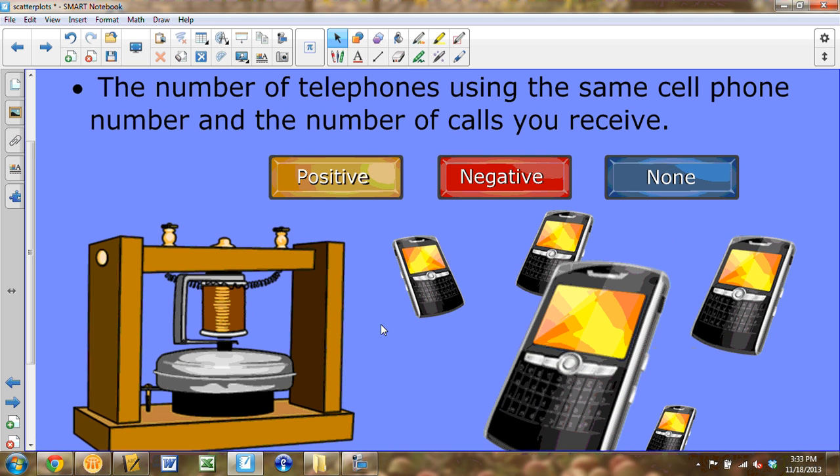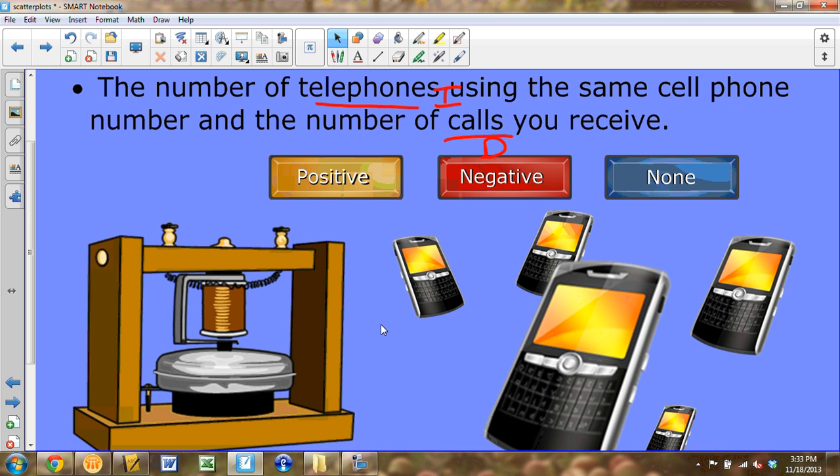The number of telephones using the same cell phone number and the number of calls you receive. So the number of telephones is going to be my independent, however many phones I have using the same cell phone number. Well, that's kind of weird that you would have different cell phones using the same number, but okay. And the number of calls you receive, so calls is going to be my dependent.